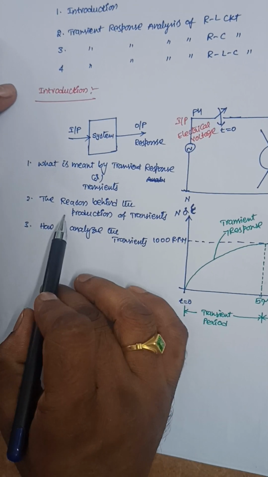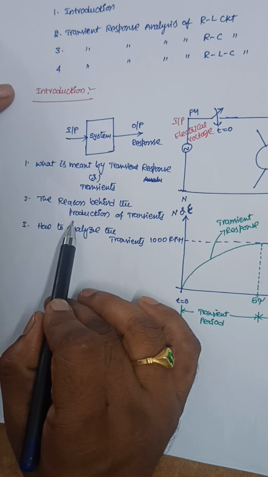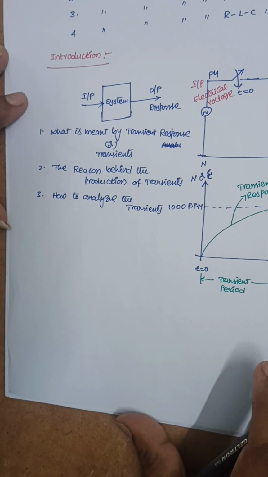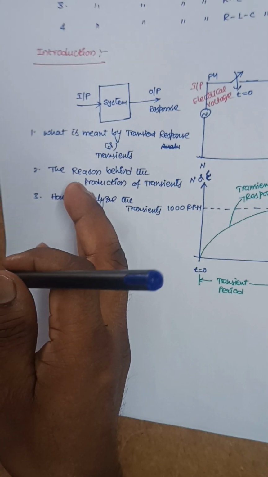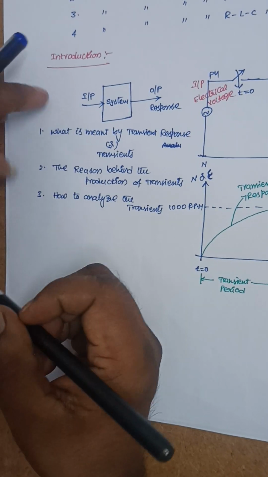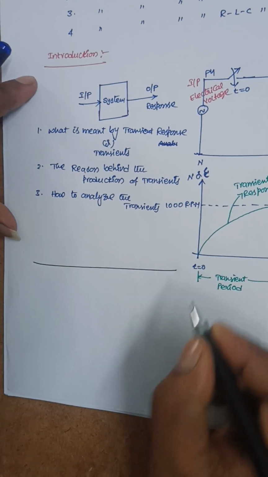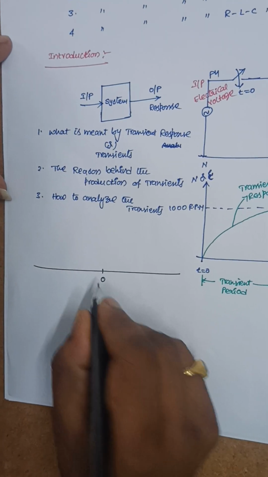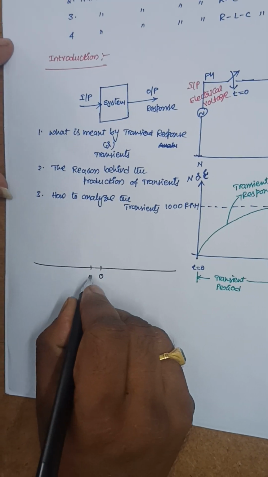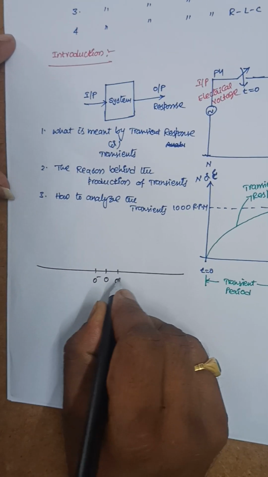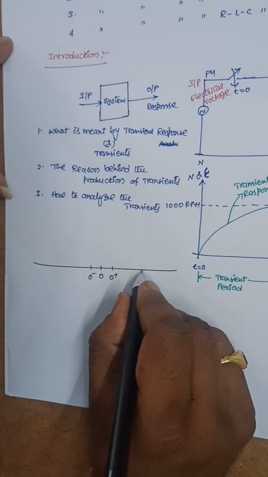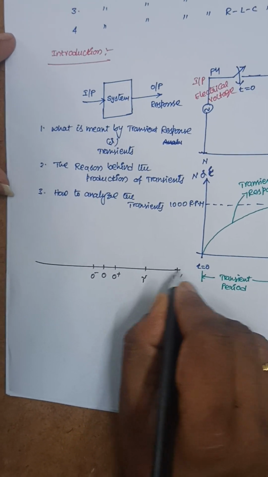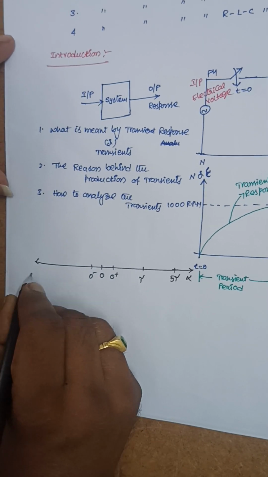Before going to explain the reasons behind the production of these transients, let me explain the time scale here. Let us take a time scale: minus infinity, 0 minus, 0, 0 plus, tau, 5 tau, infinity.